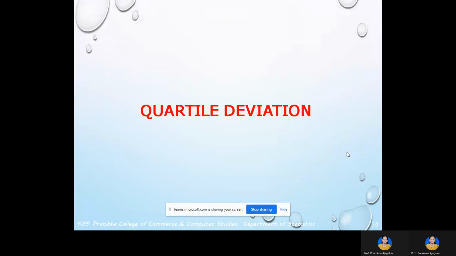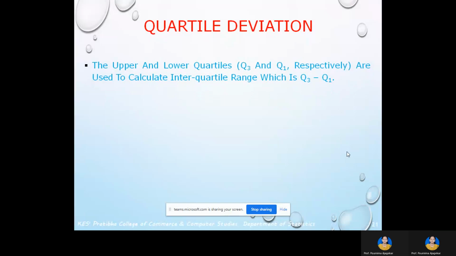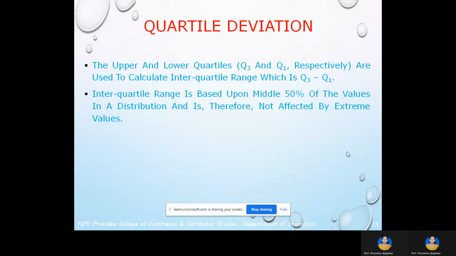The second measure of dispersion is quartile deviation. The upper and lower quartiles, that is Q3 and Q1, are used to calculate the interquartile range, which is Q3 minus Q1. Interquartile range is based upon middle 50% of the values in a distribution and is therefore not affected by extreme values.